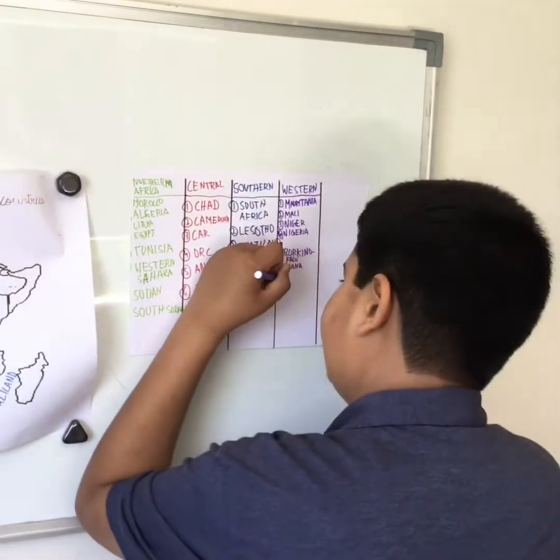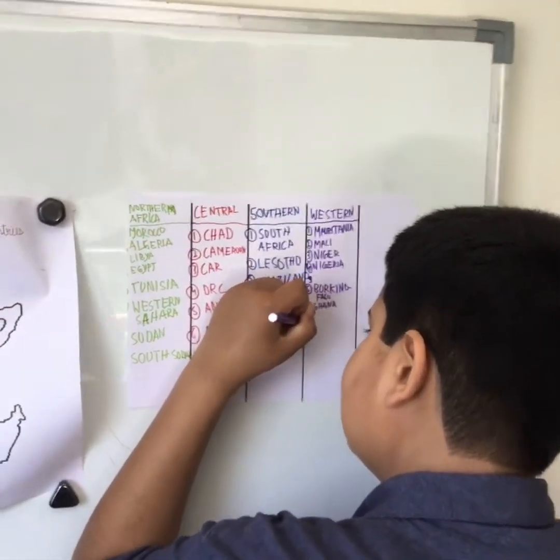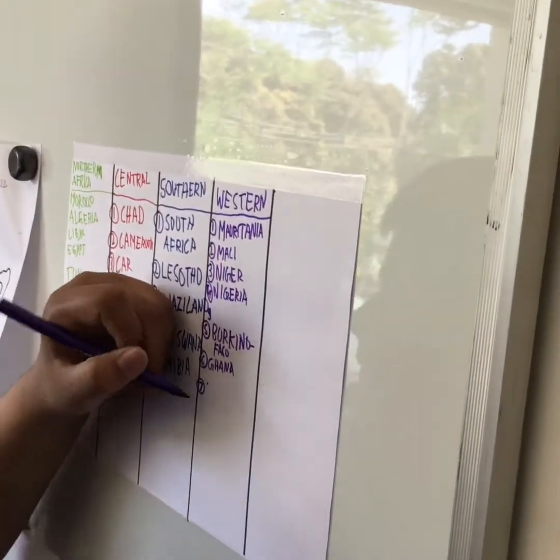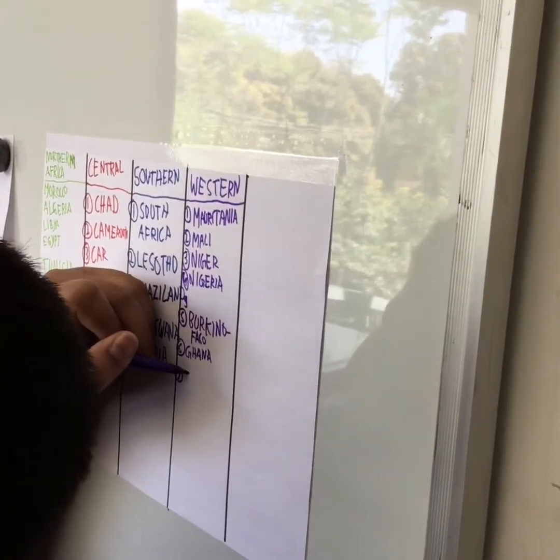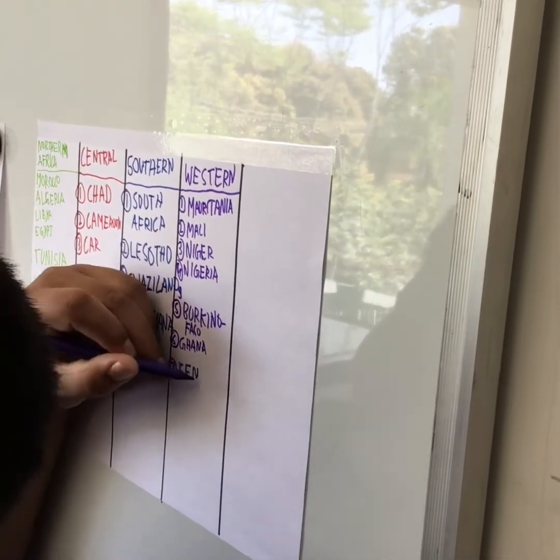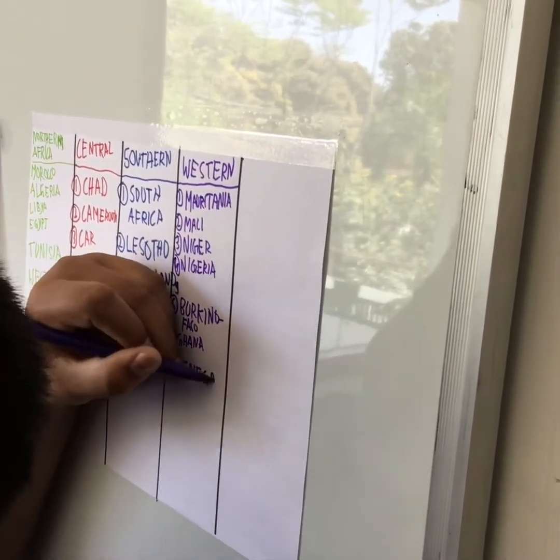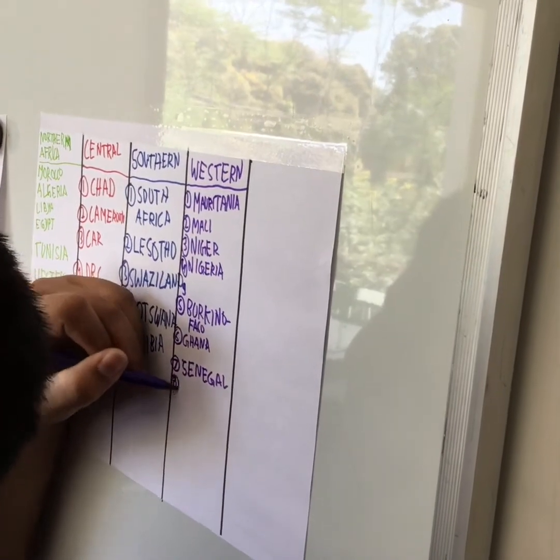Let us write these countries. The first country is Senegal, which is the mouth of a snake.